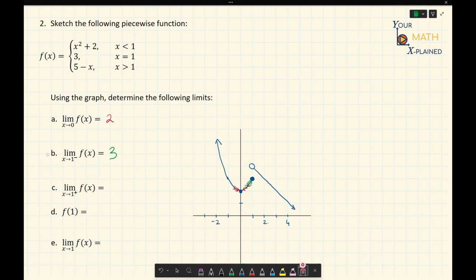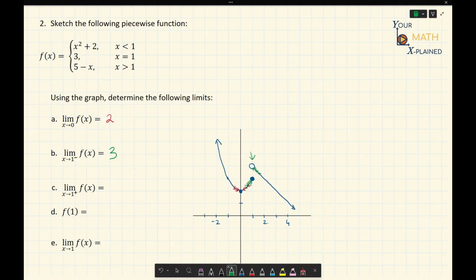And now for the next one, we're going to approach 1 from the positive side, which means we're going to approach 1 from, let's say, 1.5, 1.2, 1.1, 1.01, and so on. So even though this is a hollow dot at x is equal to 1, we don't really care because we're not actually at 1.